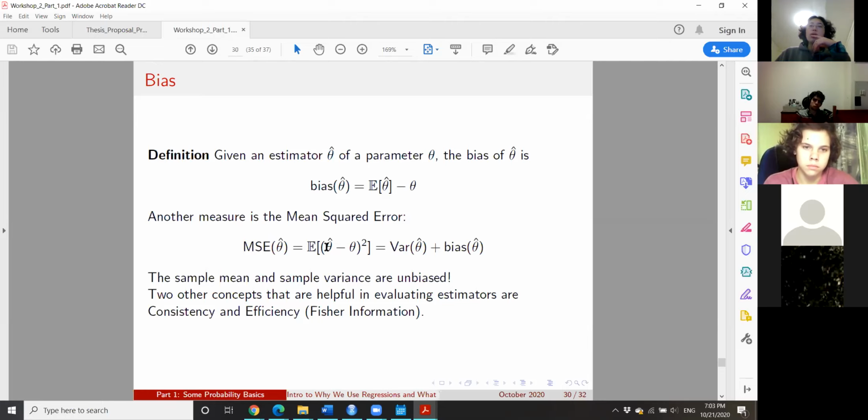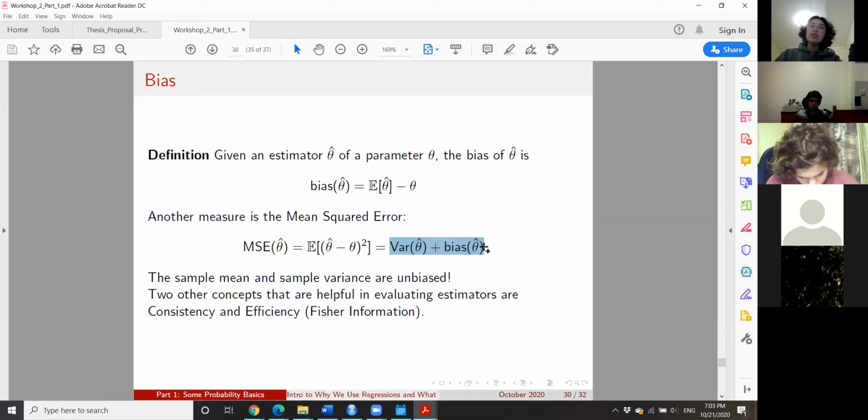This can also be written as the variance of the estimator plus the bias of the estimator, and this is why people often talk about a bias-variance trade-off. In an extreme example, you could say that your estimator is 0 always, right?